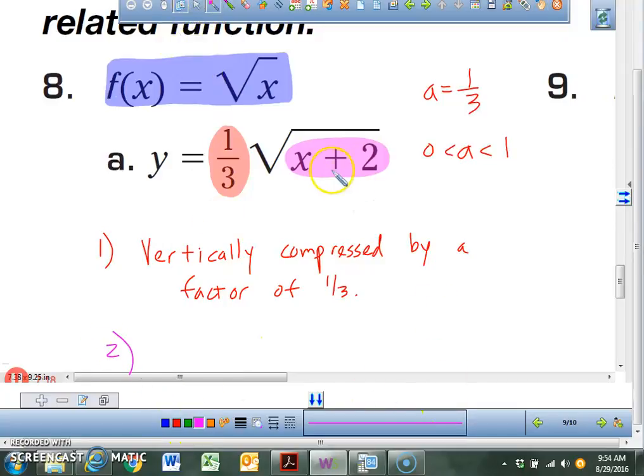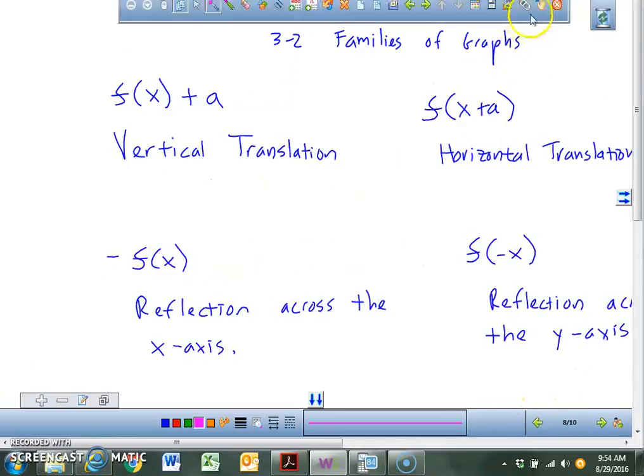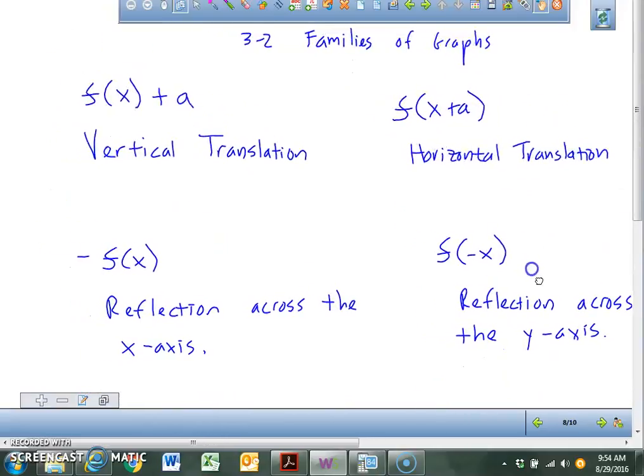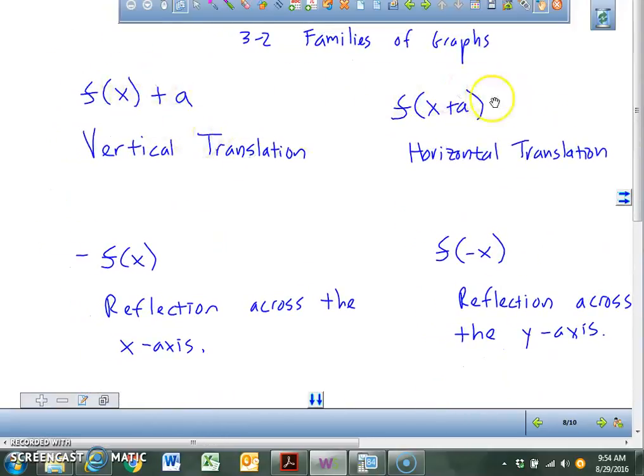So number 2, we're looking at this x plus 2 inside the radical. So if we go back right here, which one do you think it's dealing with? The one here on the left, where the a is on the outside, or it's on the inside? It's on the inside. So we're dealing with a what? Horizontal translation.